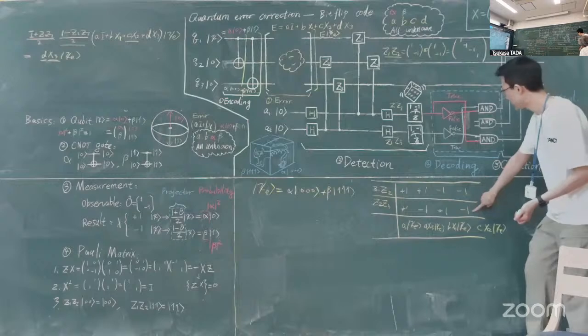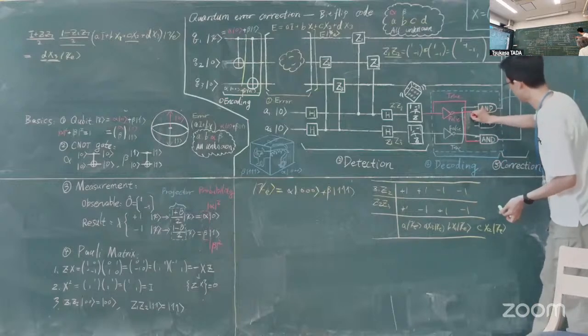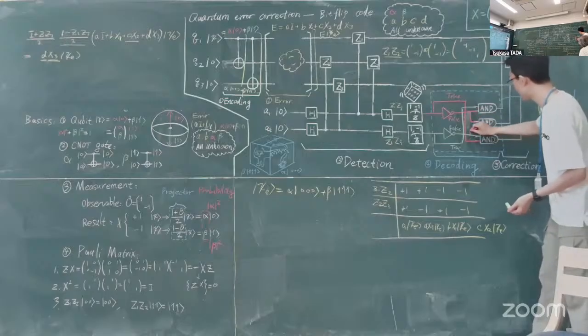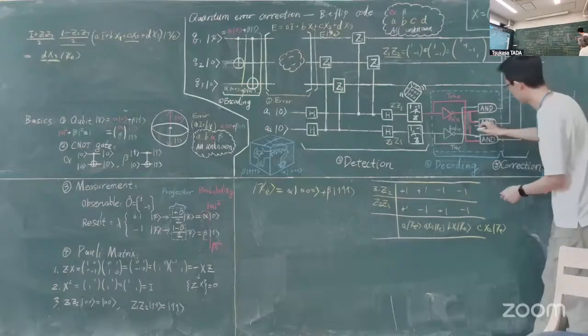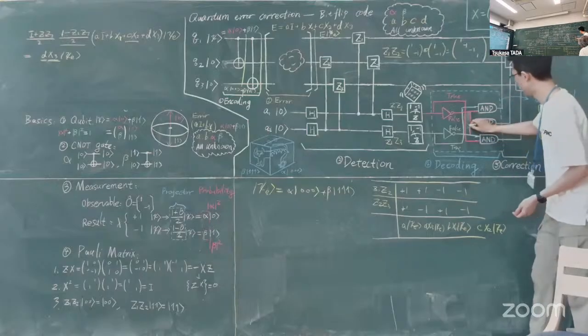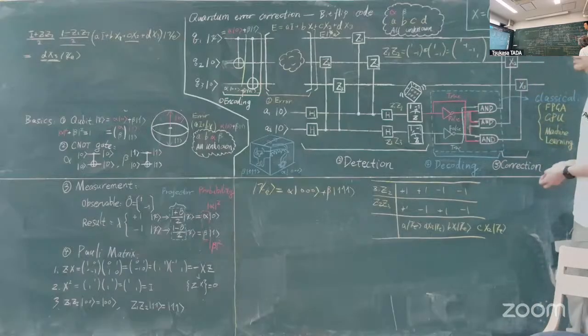And finally, the -1 is two false lines. So we just have a duplication of the classical circuit, and we can design a corresponding classical circuit to correct the error.